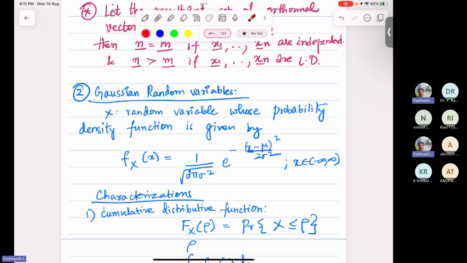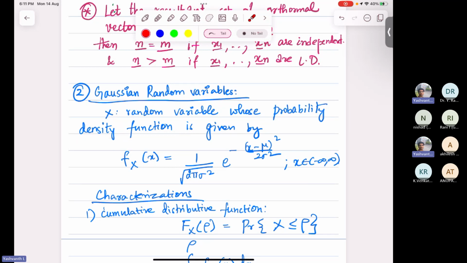Suppose I'm interested in the probability that this random variable X will lie in a particular range. To characterize such chances, we need the notion of something called the probability density function.